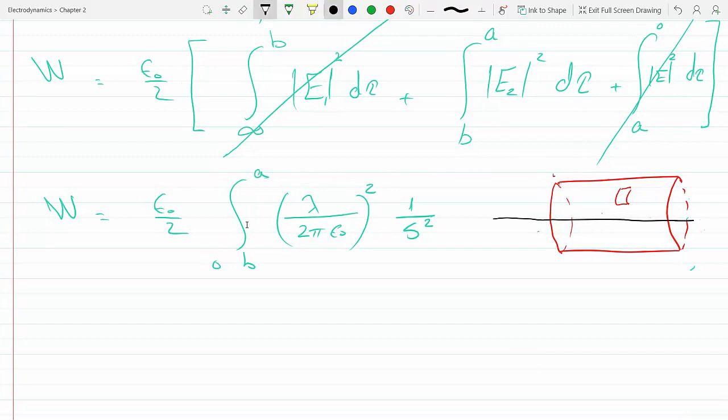Let's say your center is here, right? So what's the volume of this cylindrical element? It's length times width times height. Okay, well, the height is S.